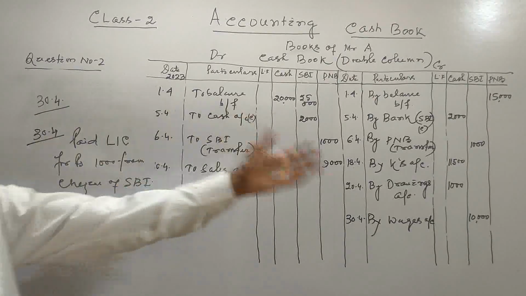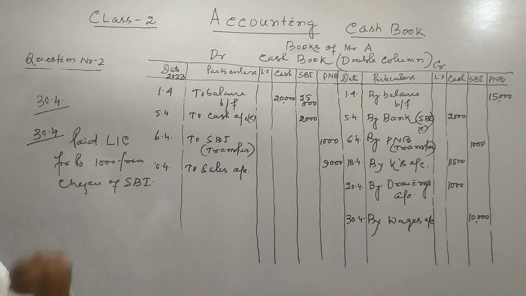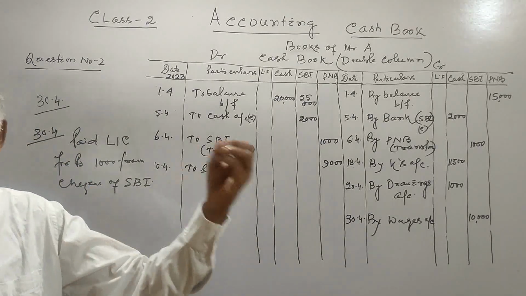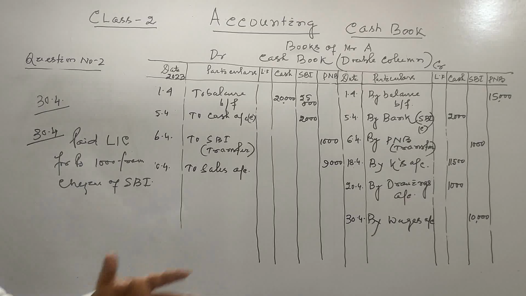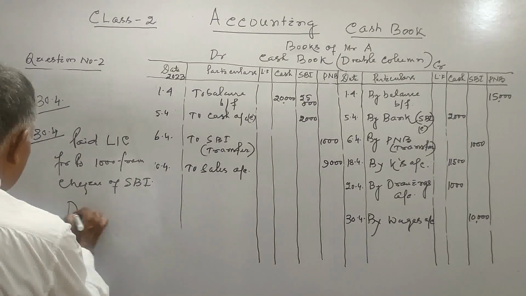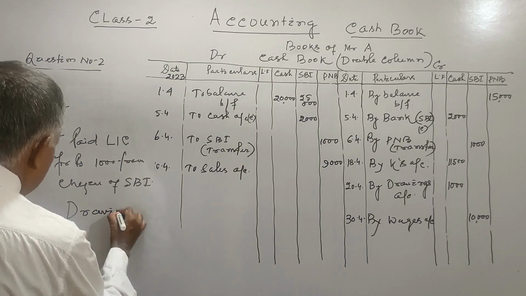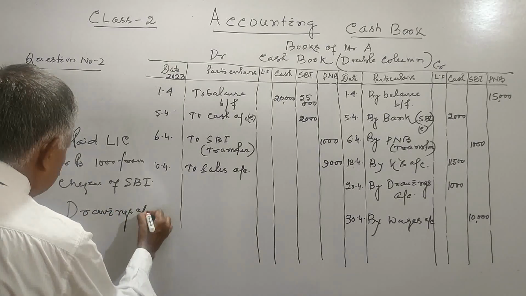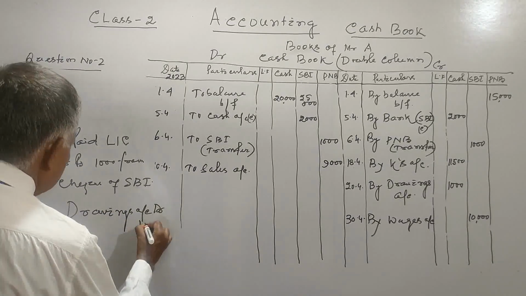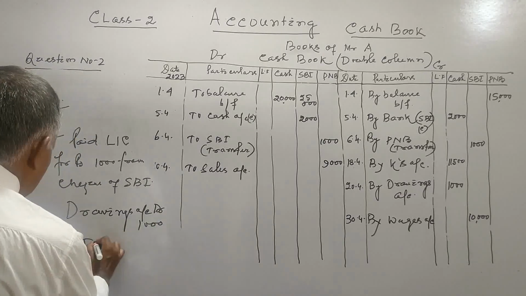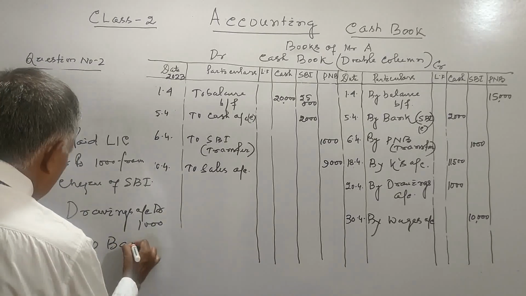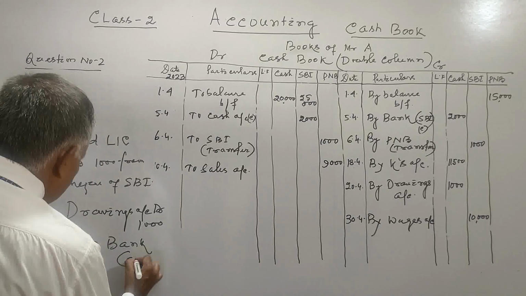So for the proprietor, the business is paying the LIC premium. So it is a personal expenditure of the proprietor, personal expenditure of the owner. So it is drawings. We can write drawings account debit. This is 1000 to bank SBI.